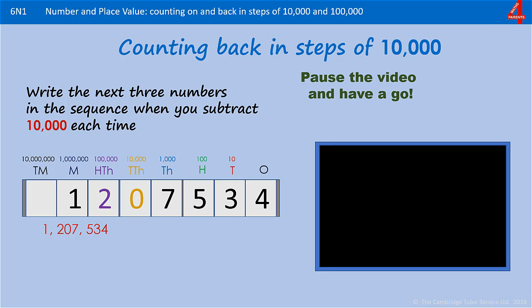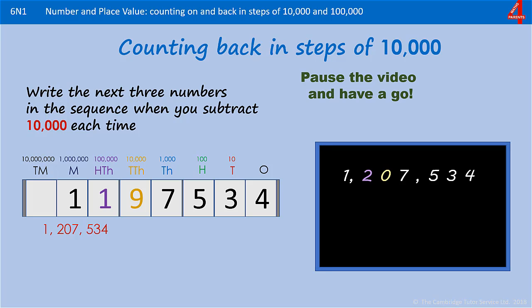The next one is the one that might get a bit confusing. We're taking away another 10,000, but there's nothing in that column. So that 0 needs to go back to a 9, which means we have to change what's in the 100,000s column. As that 10,000 goes to a 9, the 100,000 goes from a 2 to a 1.